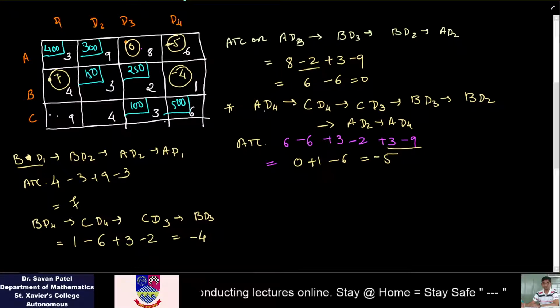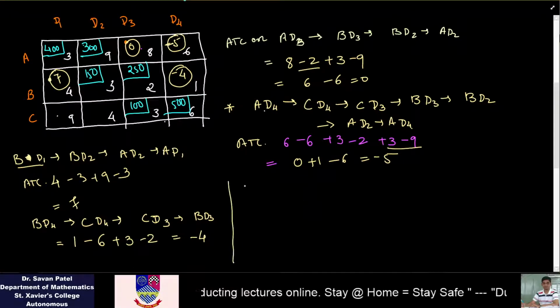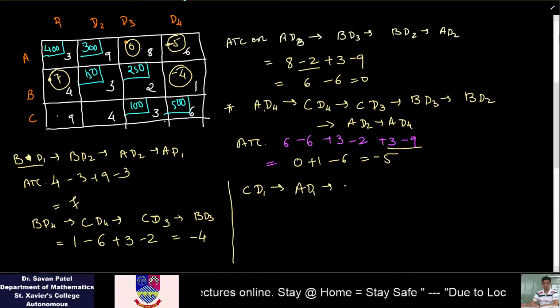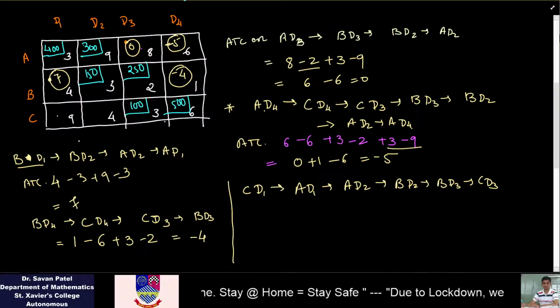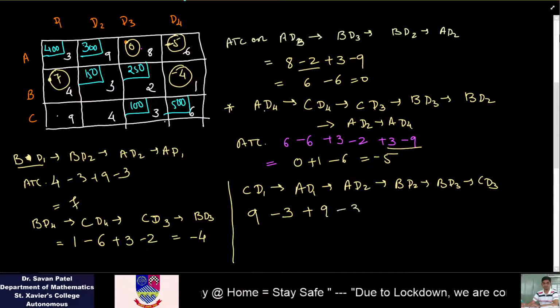Now for this point, C to D1. If you want to transport, then the only possibility is to go to AD1. From AD1 the only possibility is to go to AD2, AD2 to BD2, BD2 to BD3, BD3 to CD3, and CD3 come back to CD1. In that case, the additional transportation cost is 9 minus 3 plus 9 minus 3 plus 2 minus 3.